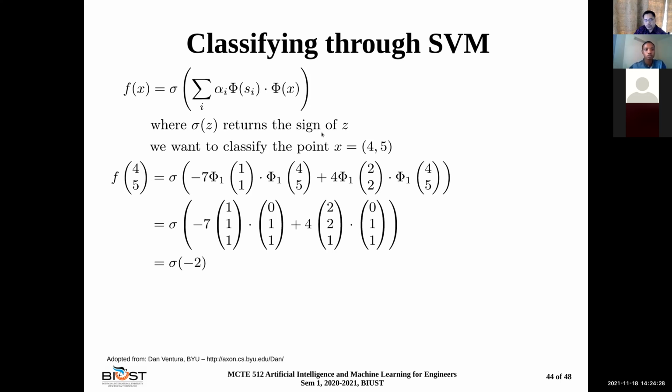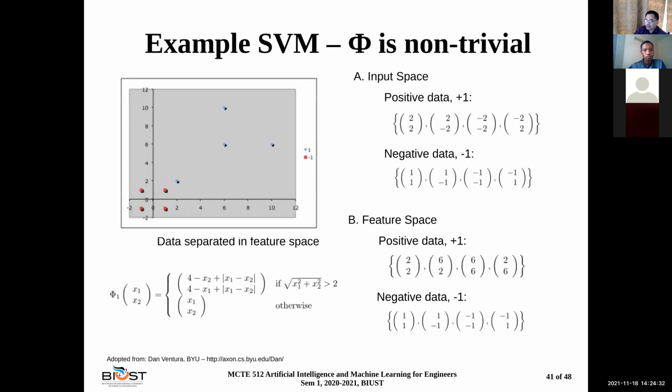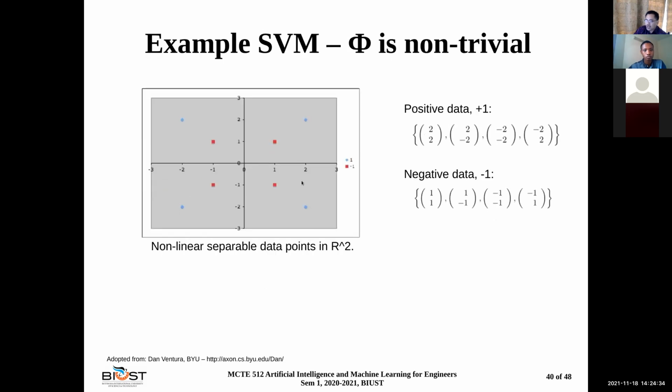For example, now we classify 4, 5. So where is the 4, 5? This is our initial input space, so somewhere here, 4 and then 5 up there. We want to get that one point and classify it.